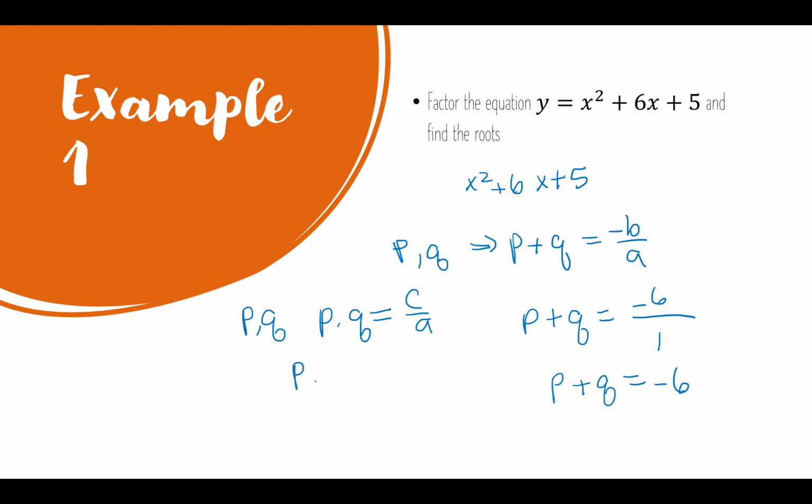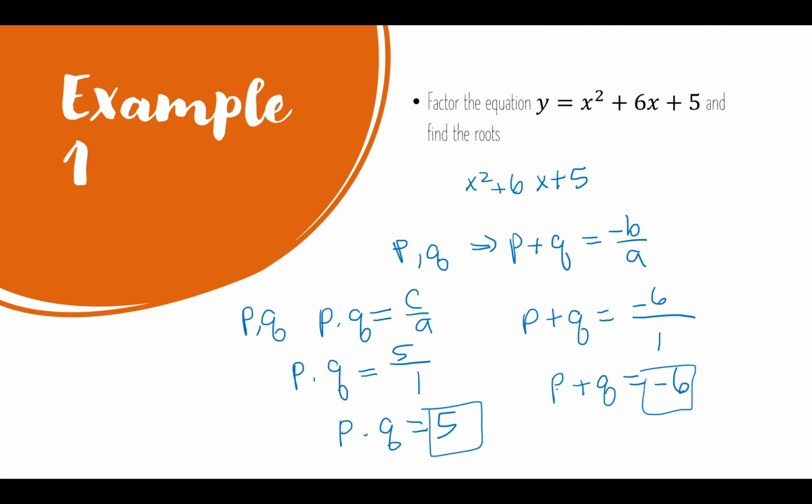In this case, my c value is 5 and my a value is 1. So therefore, p times q is equal to 5. Now we just need to look at two numbers that come up with these sum and product.